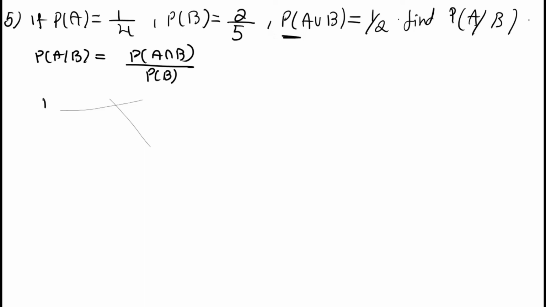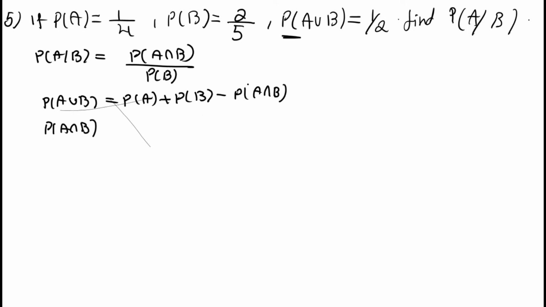First write the formula. Probability of A union B is equal to probability of A plus probability of B minus probability of A intersection B. Then what is probability of A intersection B?